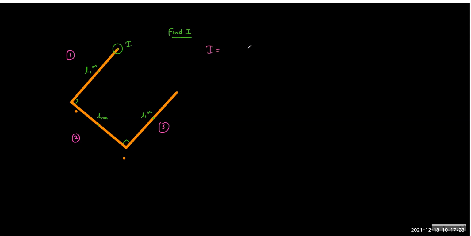I is for 1, 2, and 3. So the moment of inertia of the first rod will be ML square by 12 plus M times L by 2 whole square, which is ML square by 3 basically. You can also remember it, but just in case you want to write.